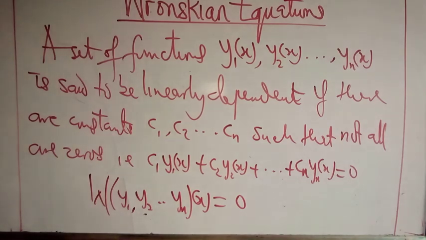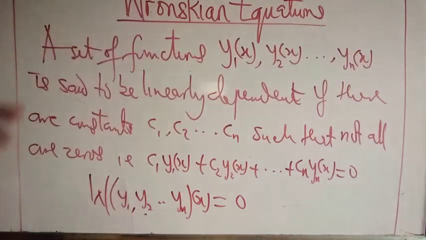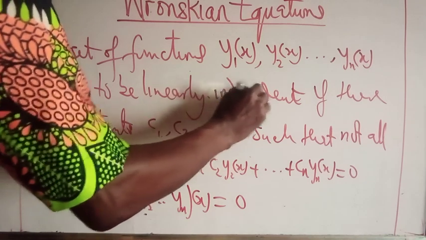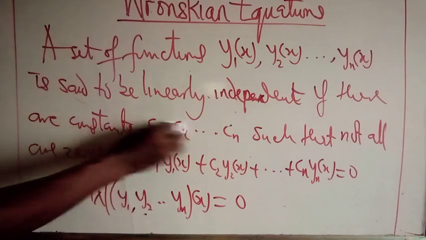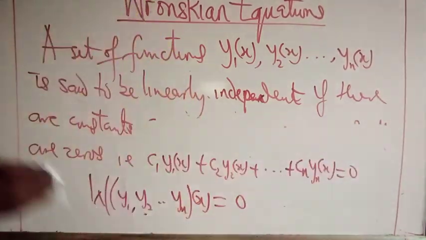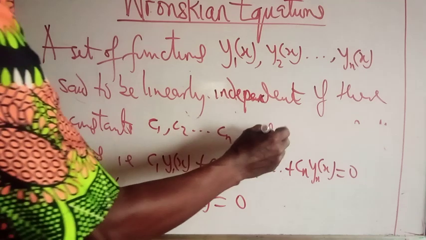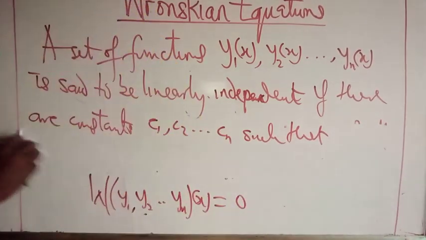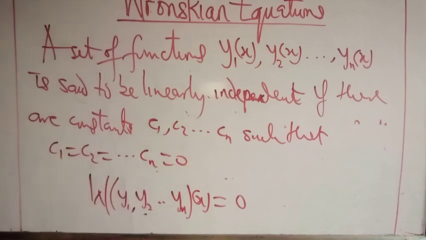But for linearly independent solutions, a set of functions y1 of x, y2 of x, till yn of x is said to be linearly independent if the constants C1, C2 and Cn are such that C1 is equal to C2 is equal to Cn is equal to 0.